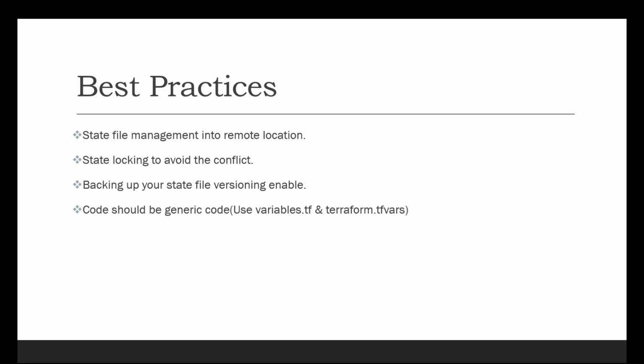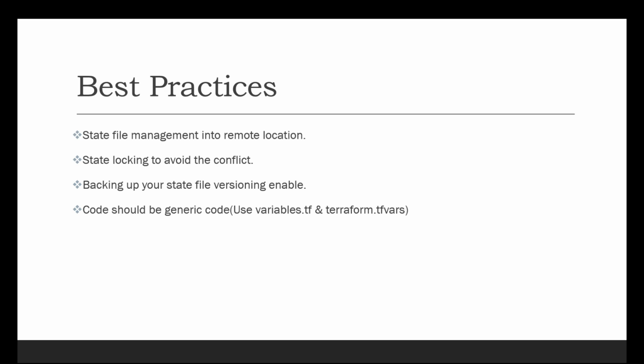Okay. And not exactly a best practice, but a good way of writing code, is to create generic code. Now what is the meaning of generic code? See, the way we have created the code, we have used variables. We have not hard coded anything, right?